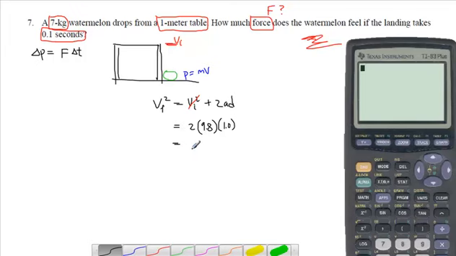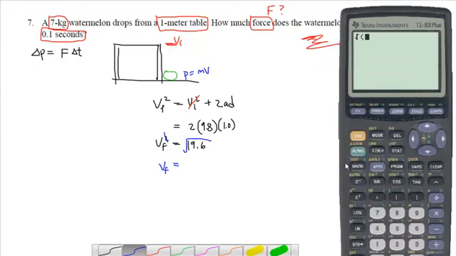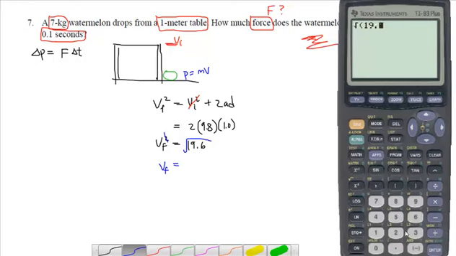You can do this math in your head. It's 19.6. We don't know the final velocity quite yet, so I need to get rid of this square by square rooting both sides. The final velocity of the watermelon is the square root of 19.6, which is 4.427 meters per second.